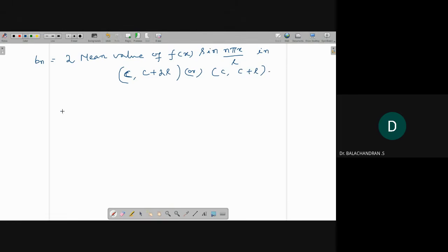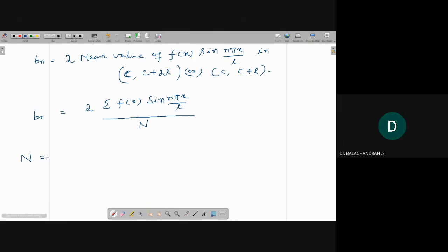That is equal to 2 times the sum of f of x into sine n pi x by L, whole divided by n. So this is b n.